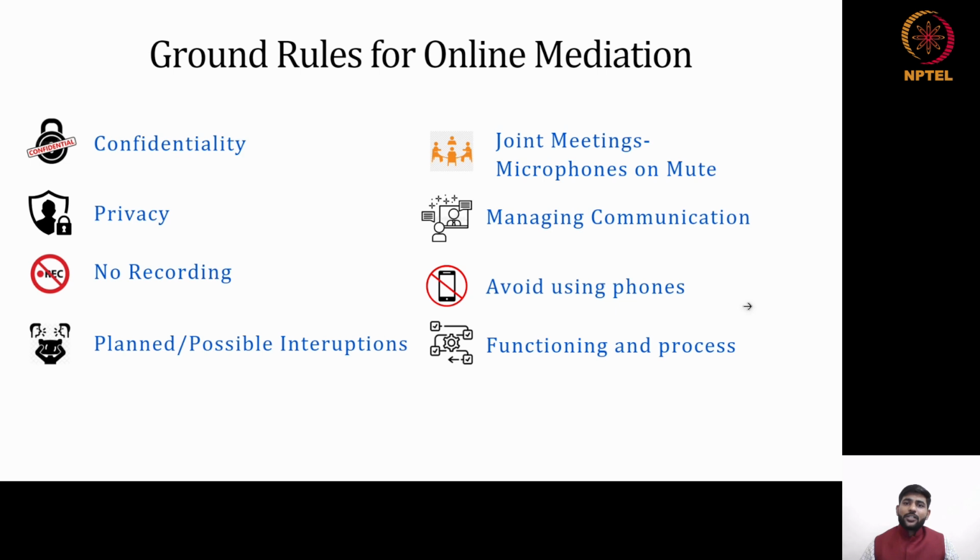Under those circumstances, because we are providing a lot of information to the software or to the website which conducts online mediation, it should be secured and preserve the privacy and data of the parties, even of a mediator. So privacy plays a very vital role, and the protection of privacy and data protection will provide more trust to the parties.